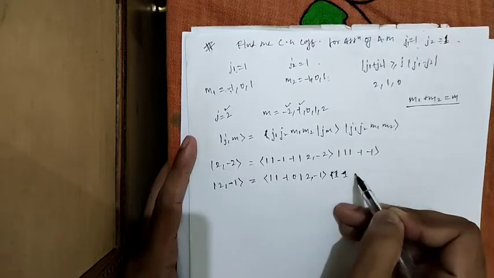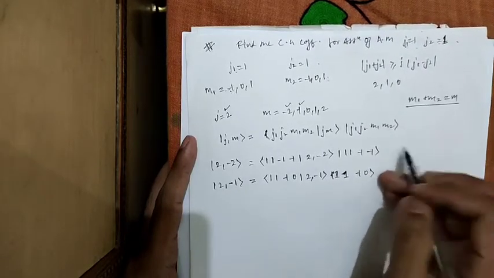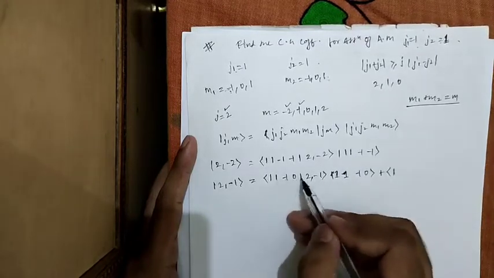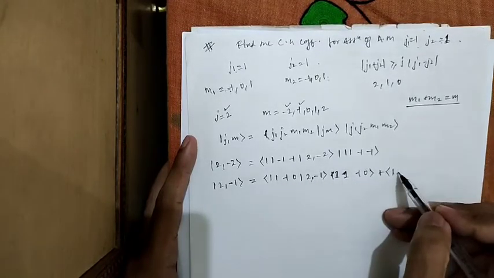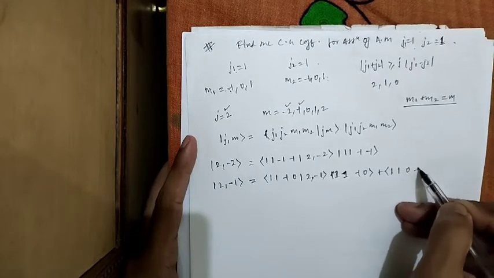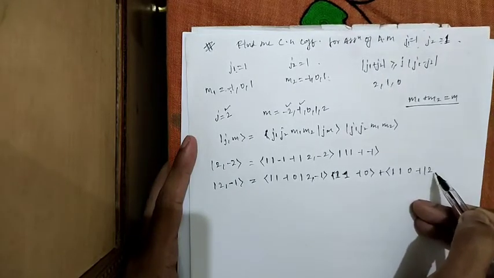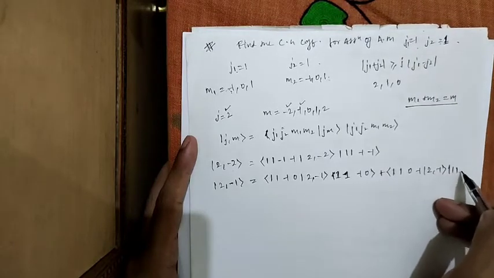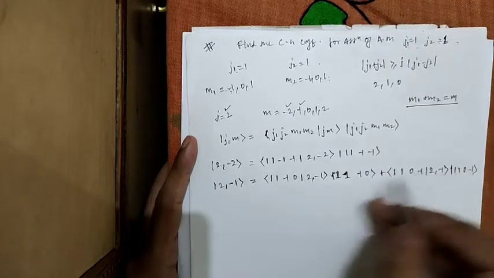Writing it out: 2, minus 1 with J1, J2 as 1, 1 and M1, M2 as minus 1, 0, plus another possible combination, which is 1, 1 with 0, minus 1.